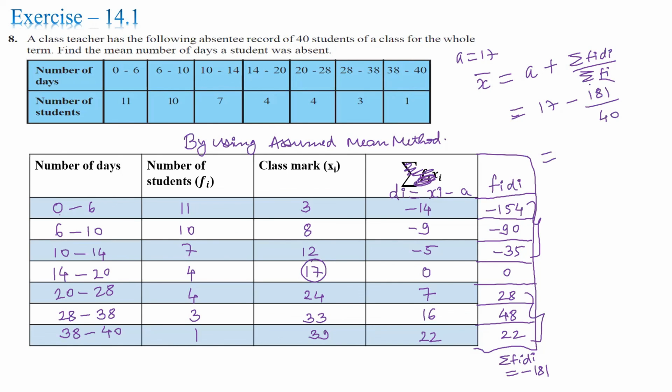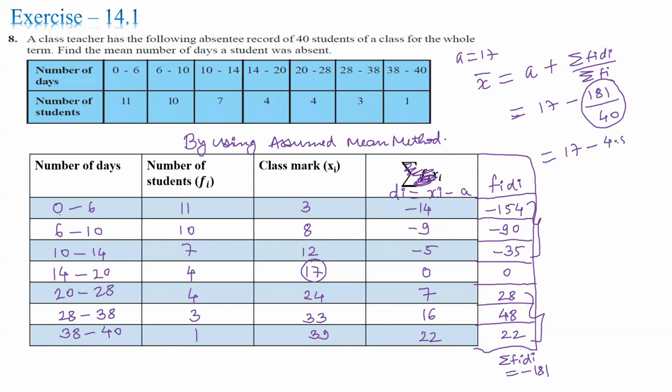Okay. Calculate this value in decimals. Then we will subtract it from 17. How much is it coming? 17 minus, what is the value of 181 divided by 40? It is minus 4.5.